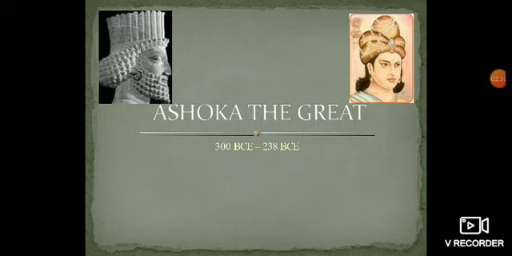So here you need to find the answers for the questions given below. Find out what were the two most common languages in which edicts were written. Why do you think these languages were used? Find the answers and write them in pencil with the help of your parents, and I'll discuss the answers in the next video.